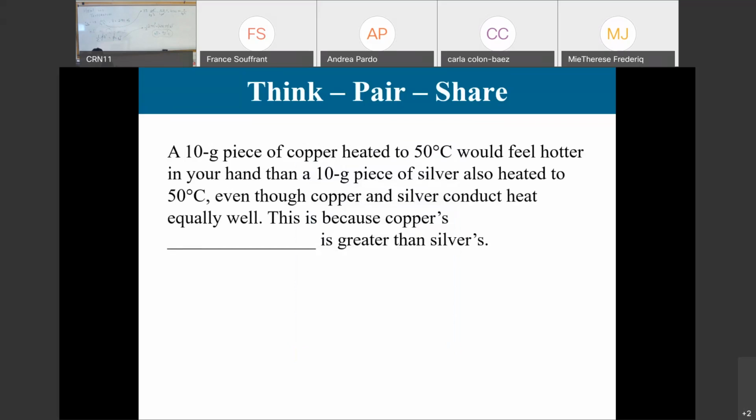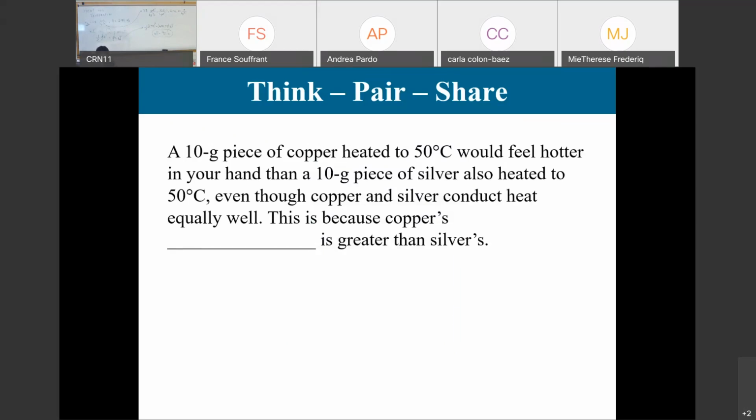A 10-gram piece of copper heated to 50 degrees Celsius will feel hotter in your hand than 10 grams of silver also heated to 50 degrees Celsius, even though copper and silver conduct heat equally well. Well, almost equally well, right? There's a difference. What's the difference?